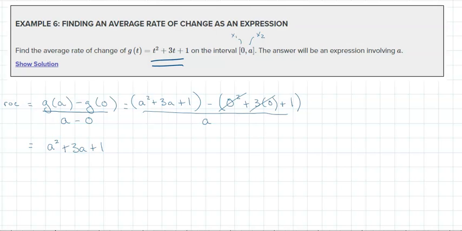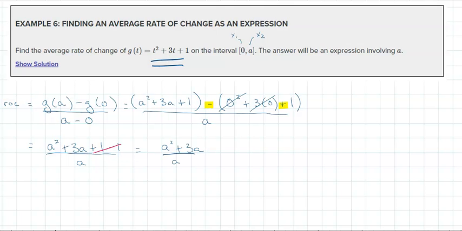Now be careful because I've got a minus, a plus 1. Minus plus 1 becomes minus 1. That's all over a. So now we get a squared plus 3a, and the 1 minus 1 goes away because they subtract out, and then we get this over a.